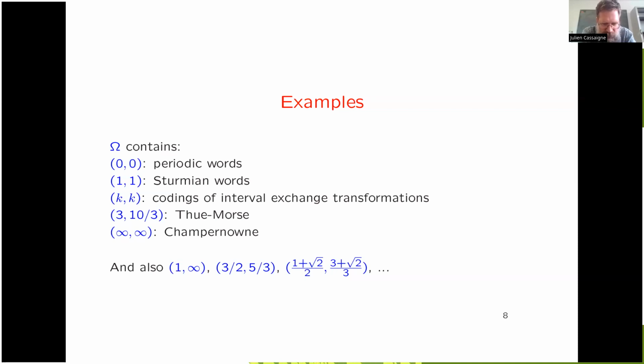The second one corresponds to the period doubling word, where you get 3/2 and 5/3, which is exactly half what you get for the Thue-Morse word. And this is not surprising because there is a simple relation between the two.